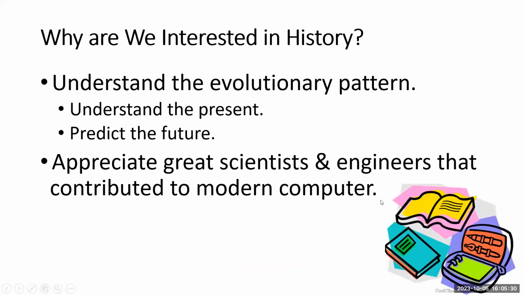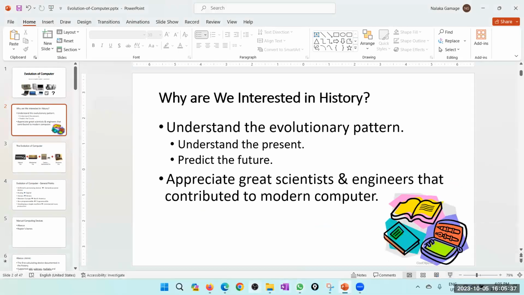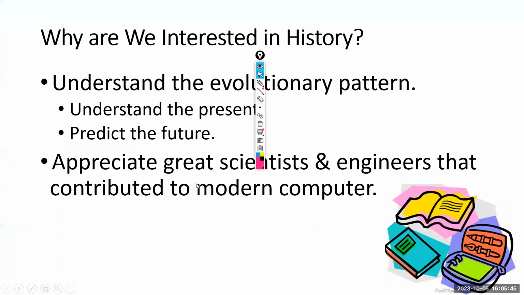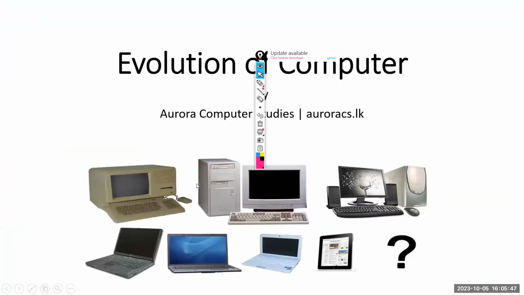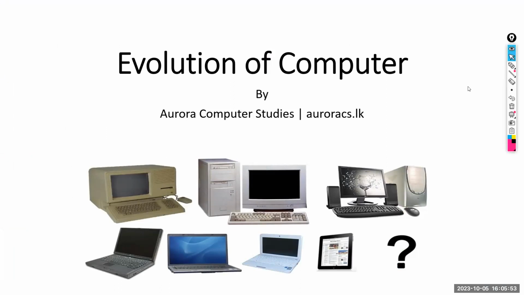Right. So first of all, why do we study the evolution of computer? For two reasons. The first reason is, remember this is an IT subject. When you are learning IT, the computer is our main tool.